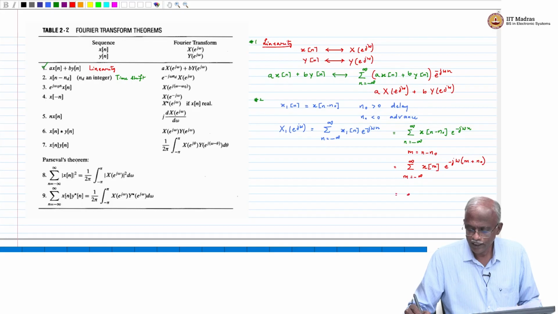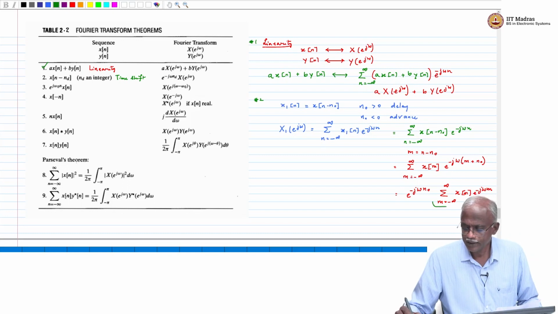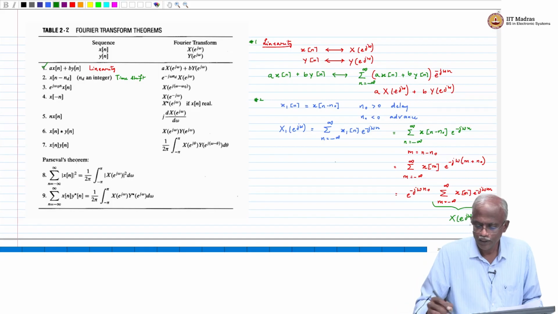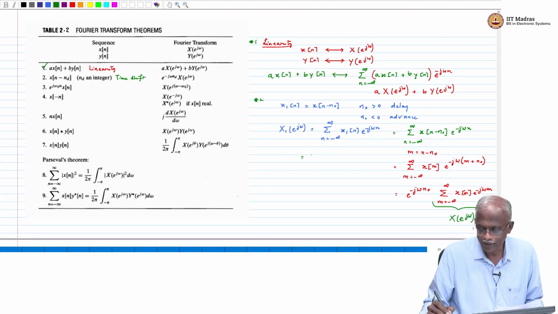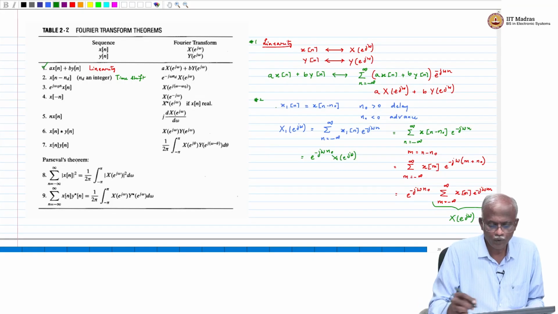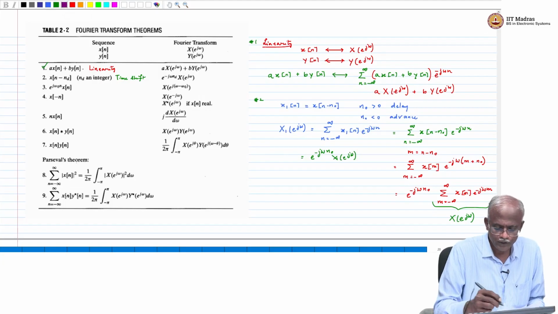So this can be written as e power minus j omega n naught times summation m equal to minus infinity to infinity x of m e power minus j omega m, and this is nothing but X e of j omega. So if you have a shift in the time domain, the corresponding expression is e power minus j omega n naught times X e of j omega. That is what is given as the theorem which relates to shift.